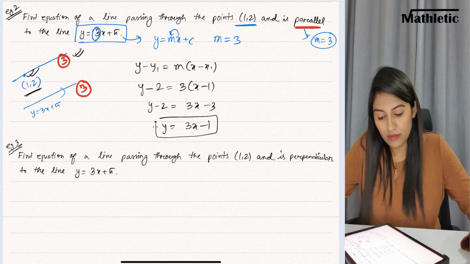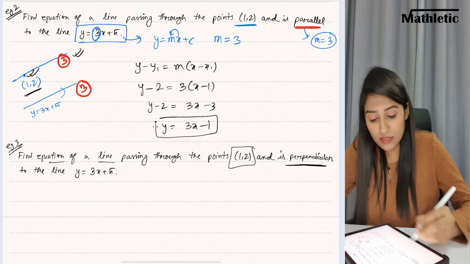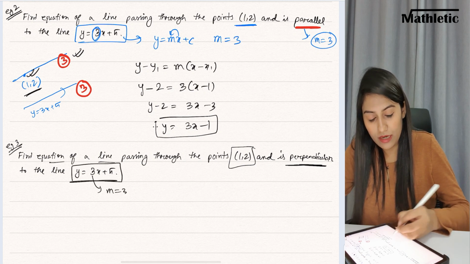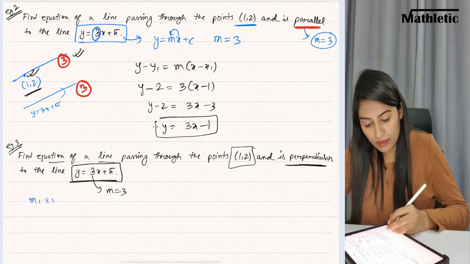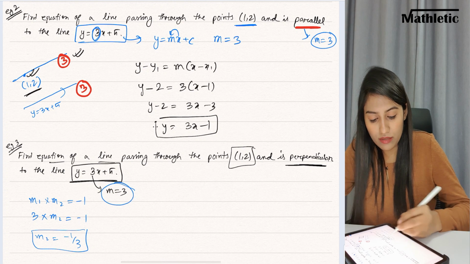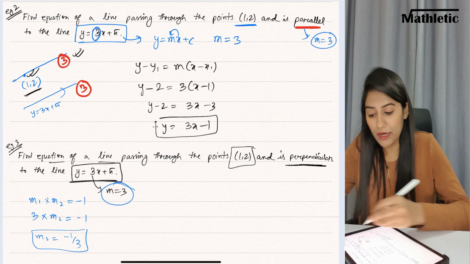Next, for example 3, we need to find the equation of a line passing through the point (1, 2) and perpendicular to this line. The gradient here is 3, and for perpendicular you can use the formula m1 times m2 equals minus 1, or you can directly use the shortcut version, the negative reciprocal. The negative reciprocal of 3 is minus 1 by 3. So the gradient of the perpendicular line is minus 1 by 3.